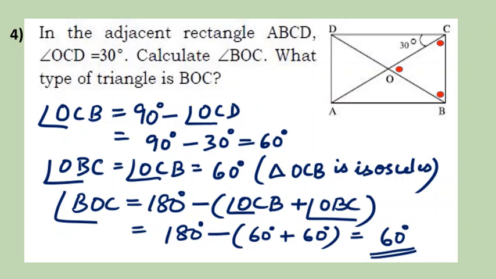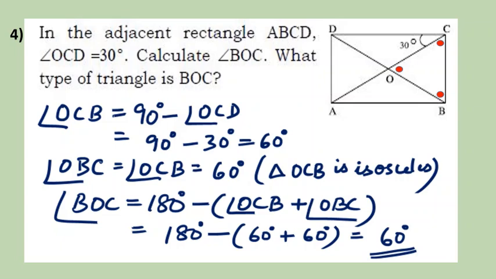We have studied that in any rectangle, when diagonals are drawn, they create 4 isosceles triangles, because the diagonals bisect.